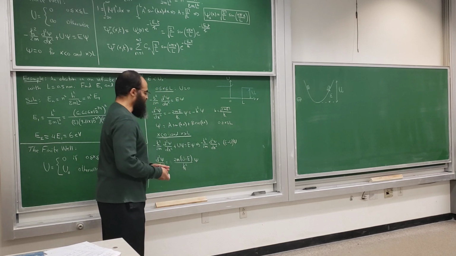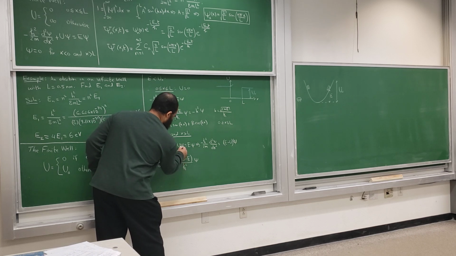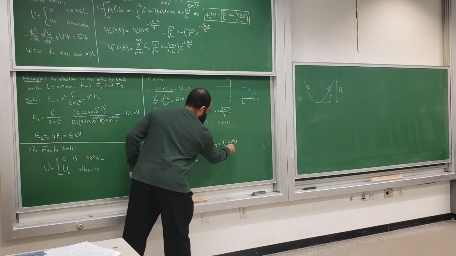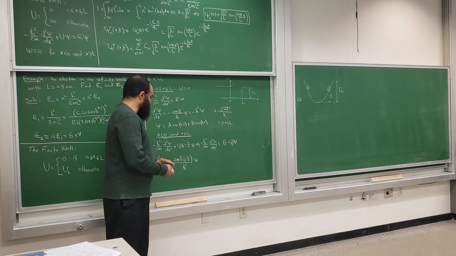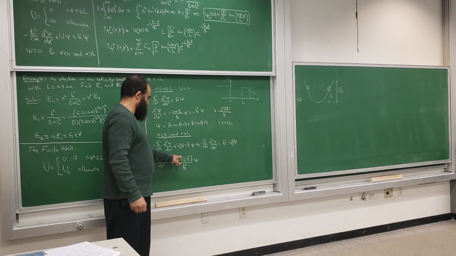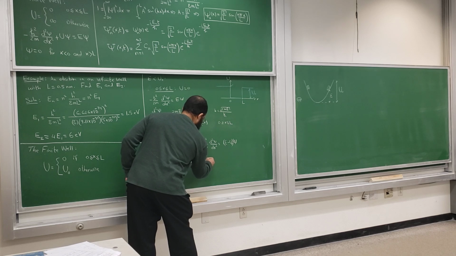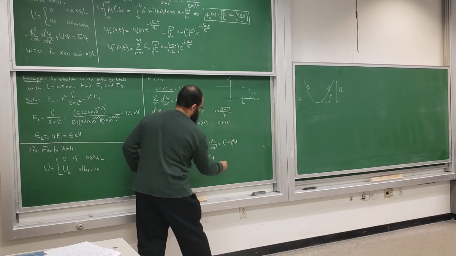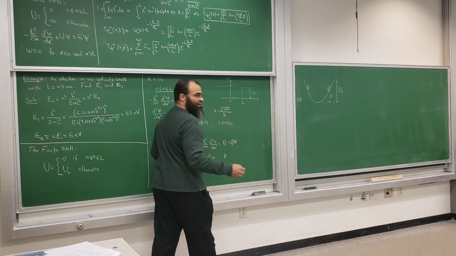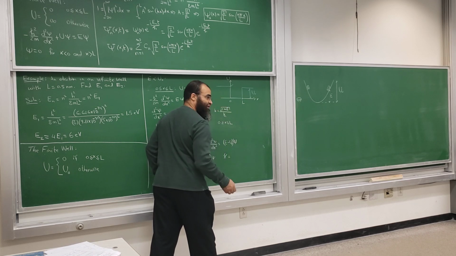Now, do you agree that since we're assuming E is less than u naught, then u naught minus E is going to be a positive quantity, because u naught is greater than E? Okay. And we're going to call this kappa squared times psi, where kappa, I know the book uses the letter kappa, so I'm going to use kappa just like that. It looks like K, but it's not K.